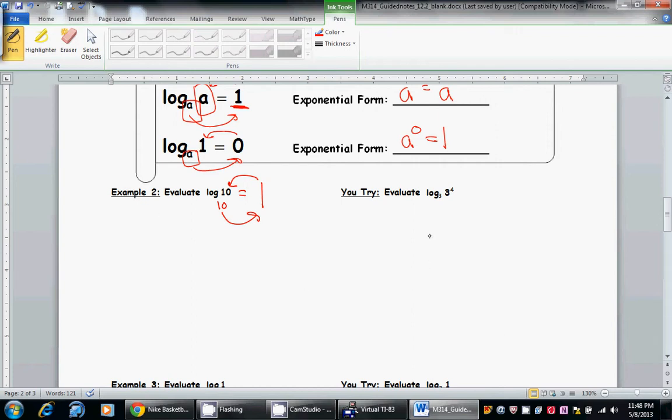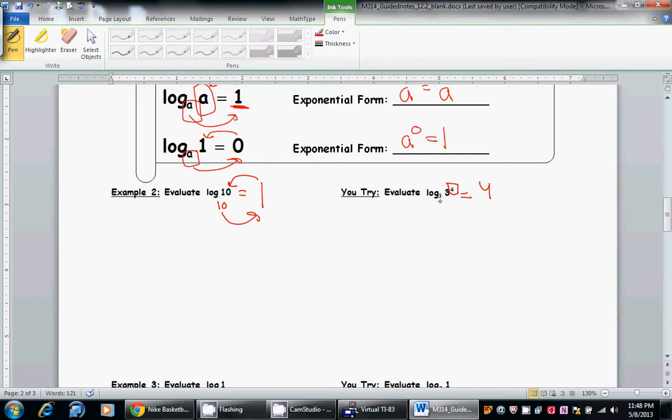Now, this next one in the U try is also a little bit tricky, okay? This is log of 3 to the 4th power base 3, okay? Now, the answer here is not 1, okay? The answer here is just going to be whatever the exponent is, right? And the exponent inside the problem is that little 4 right there, right?